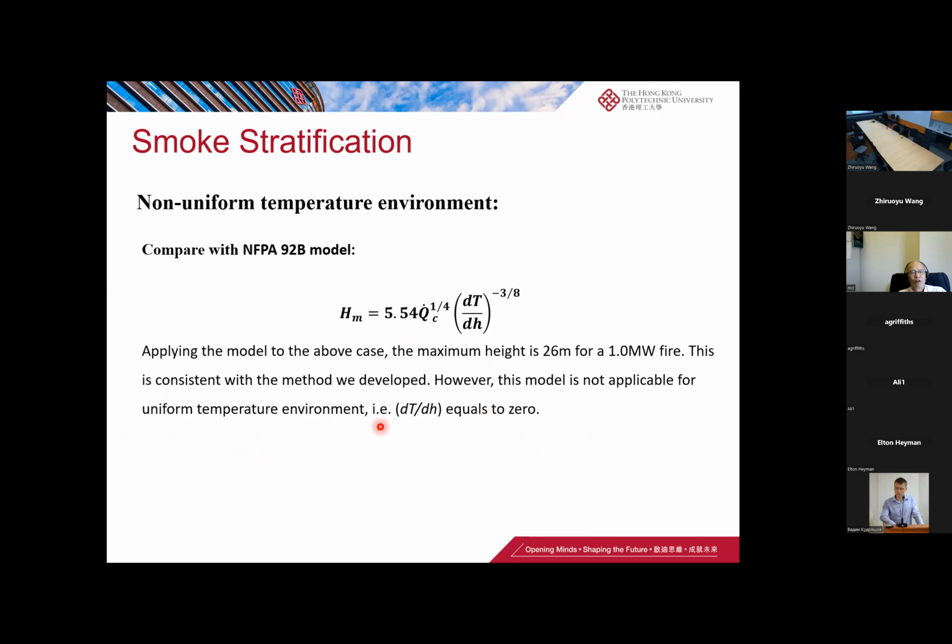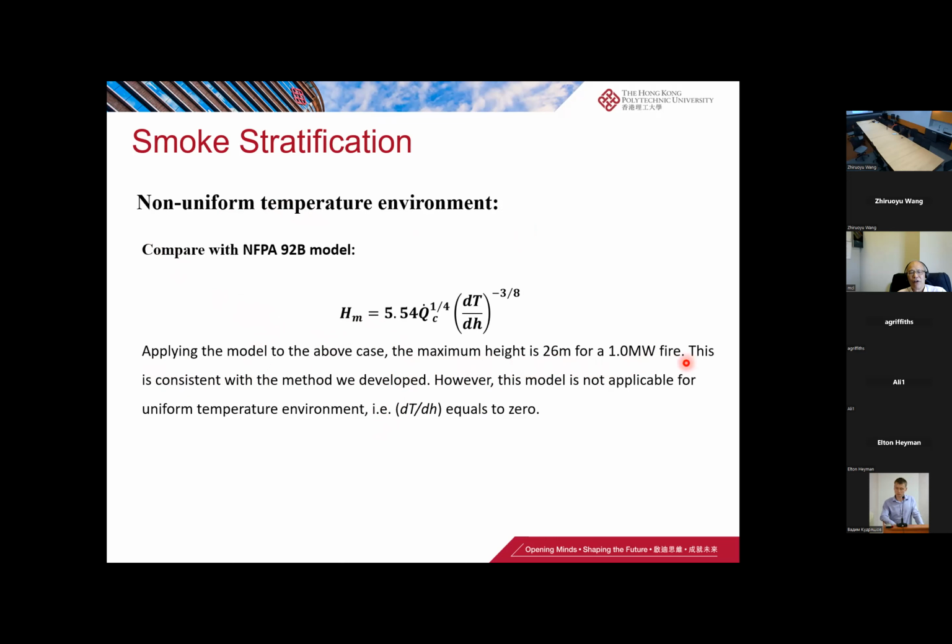If we go back to the uniform temperature, the correlation recommended by NFPA applied to the case here, we can estimate the maximum height the smoke can rise is 26 meters with a 1 megawatt fire.